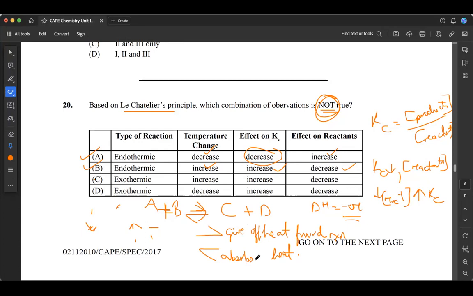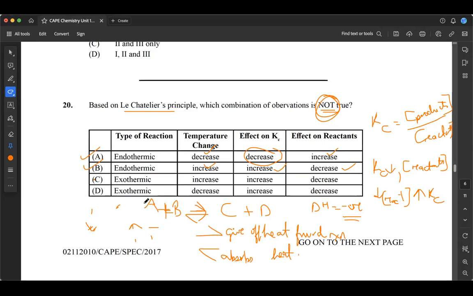Okay, so if I increase the temperature, the equilibrium is going to shift in such a way that it can use up the heat that I'm putting in. It's not going to want to go to the right, because that's going to cause it to give off more heat. So if I increase the temperature, it's going to want to shift in the direction where it absorbs heat.